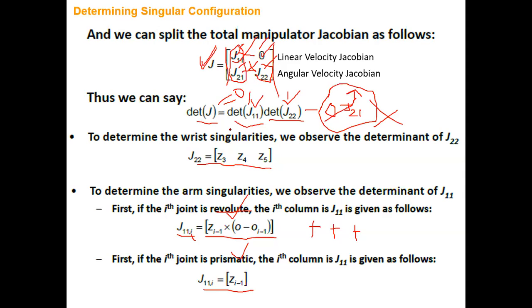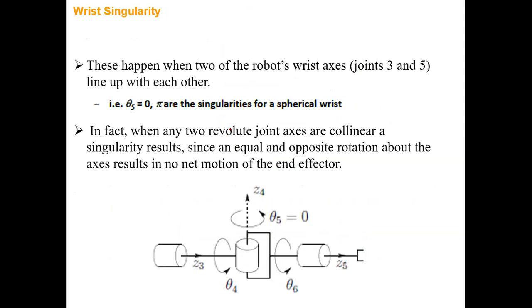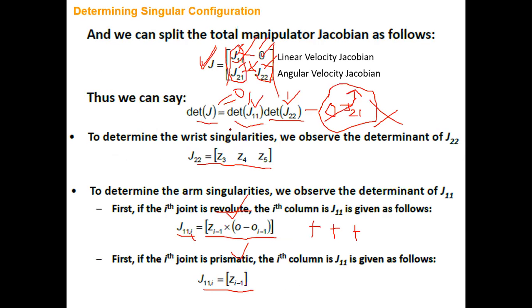Is it clear? Yeah. Now, let's do the wrist here. Let's find the wrist singularity. So you just have to use the angular part of the Jacobian for the wrist, right?